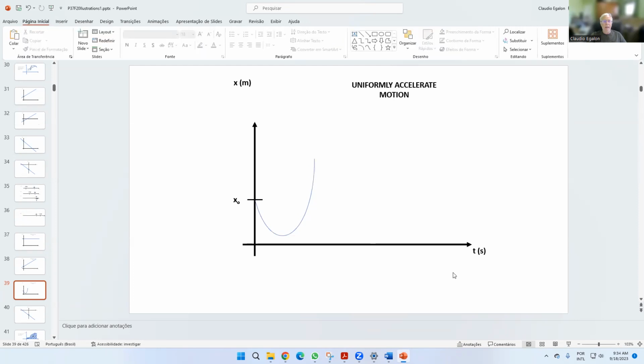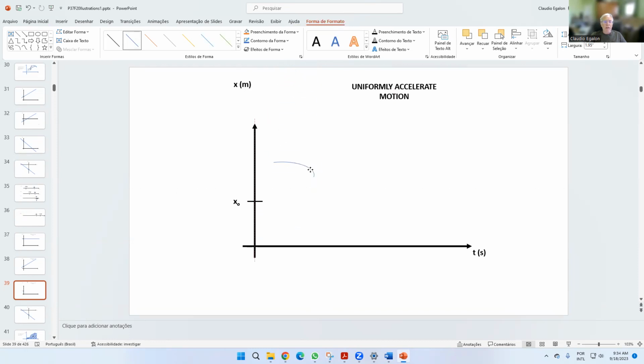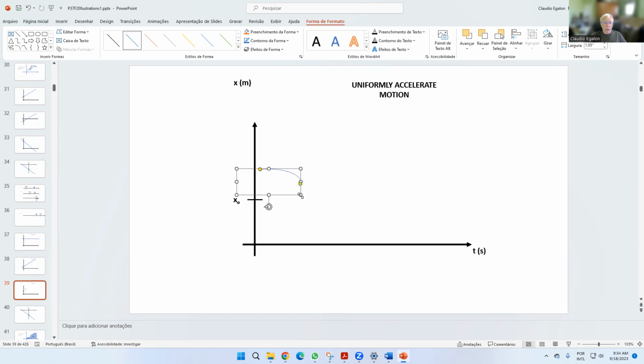In this specific case, you have a V naught that is less than 0. But if I want to make V naught greater than 0, all I have to do is flip this parabola, right? X naught is greater than 0, and V naught in this case is greater than 0.